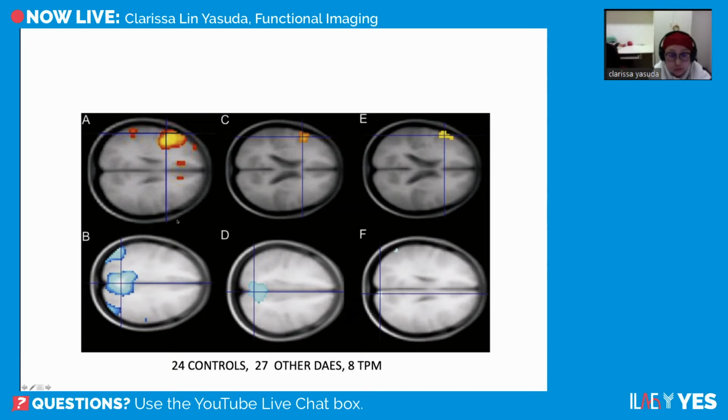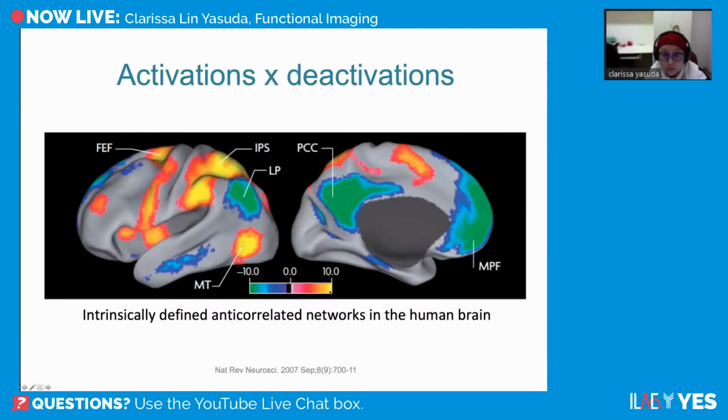So in order to engage in a task, you have to activate one network and deactivate another network. When you are taking topiramate, you are not able to deactivate this network. So there's an impairment of deactivating the default mode network, right? This is what we saw.